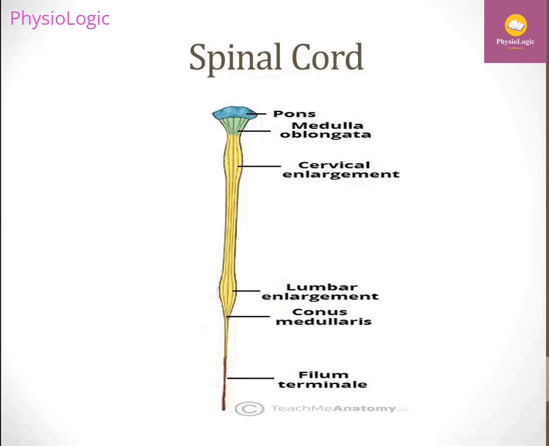When the nerves branch off from the spinal cord, they move out, then they come together and may form plexus. These are not included in the central nervous system, not in the spinal cord. In the cervical area, nerves came out, they combined and made plexus, and then the nerves further came out. So this enlargement has nothing to do with the plexus formation. The plexus are formed in the periphery, not in the spinal cord. Okay. All right. Any other question?